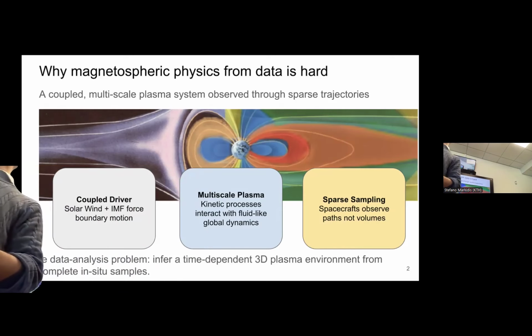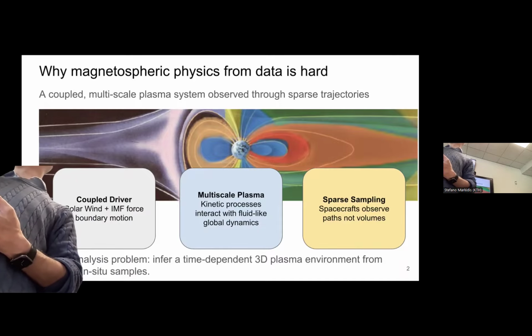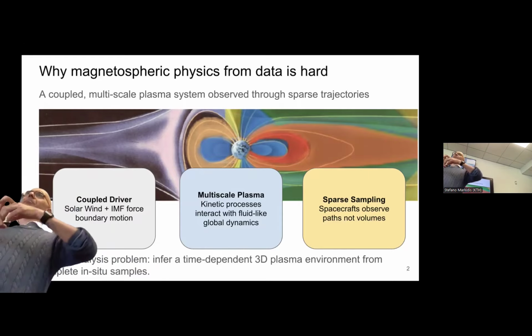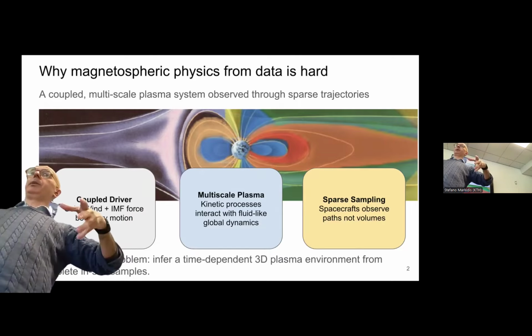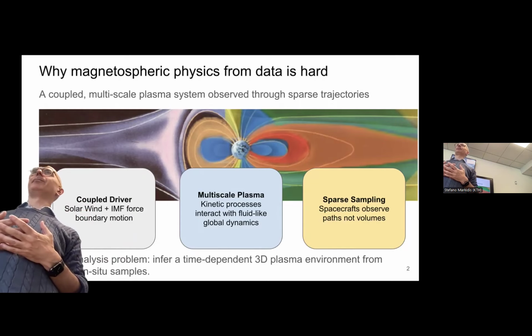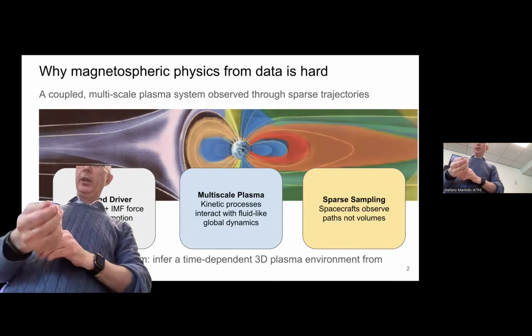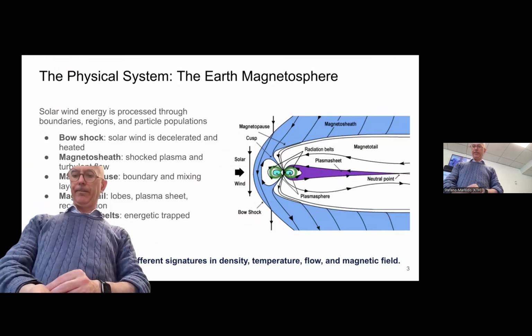And you are after reconstructing the full 3D. So instead of following just the path of the spacecraft, you want the full 3D perspective, reconstructed from very sparse data, and you also want the dimension of time, right? So how does it change in time? These are the three major challenges when it comes to data.